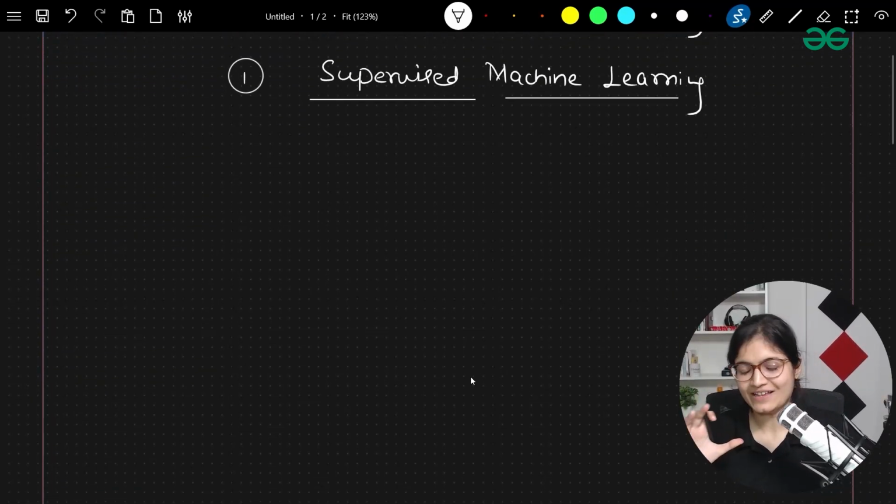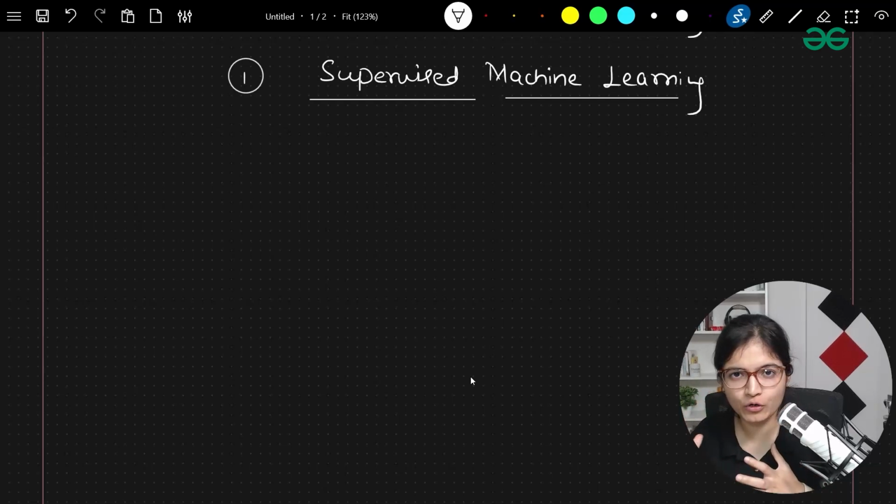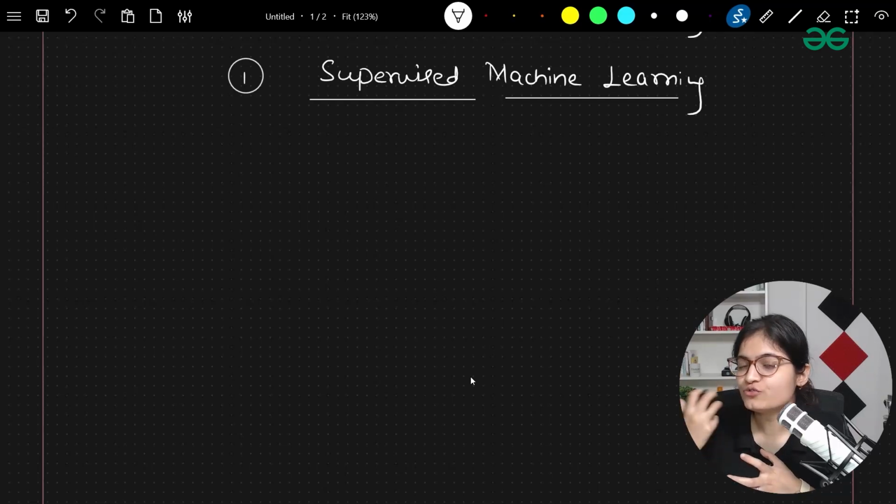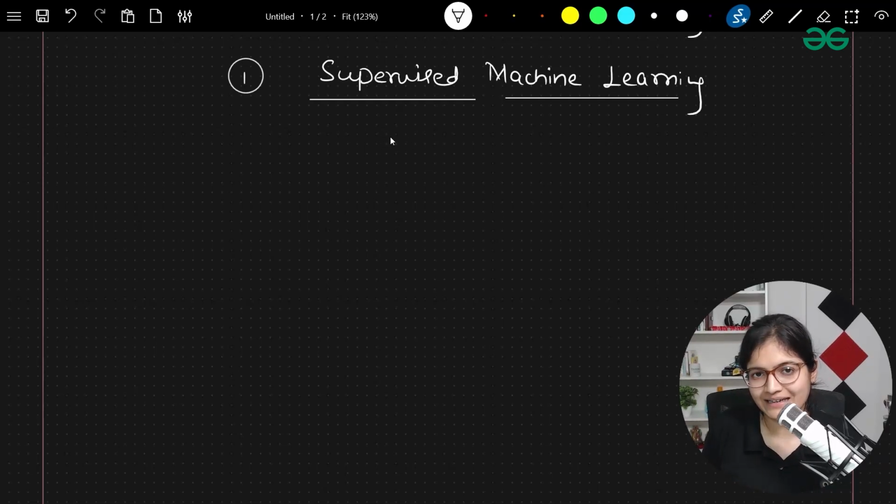As we have seen, whenever we are talking about the concepts of machine learning algorithms, we are trying to take historical data and train on that data set, right? This is what we understood in the previous session. Now, let's say that I am providing you one problem and that problem belongs to the healthcare domain.